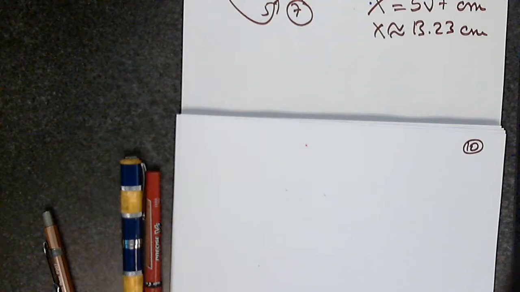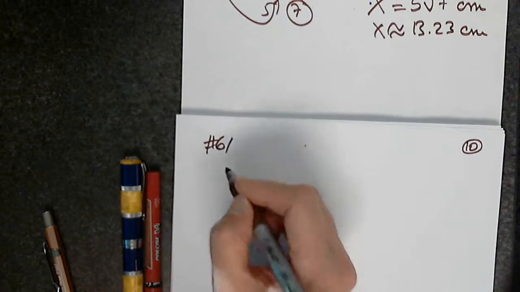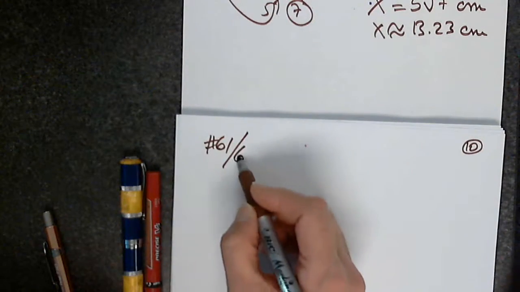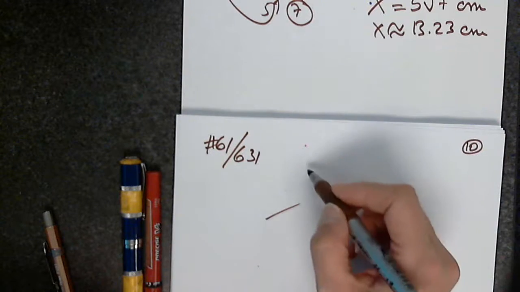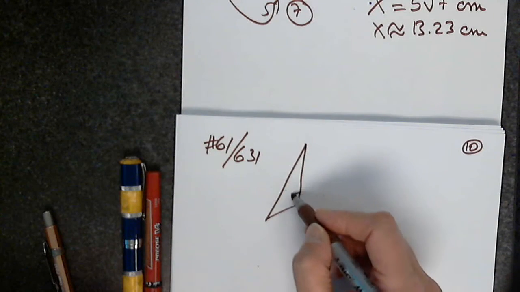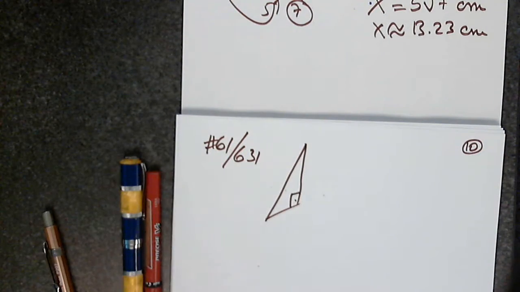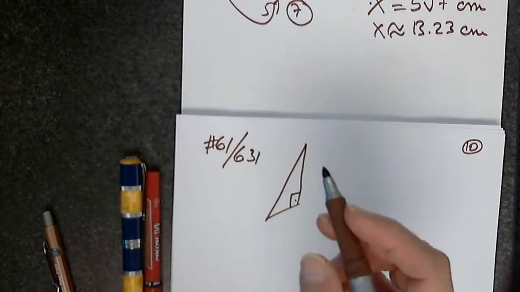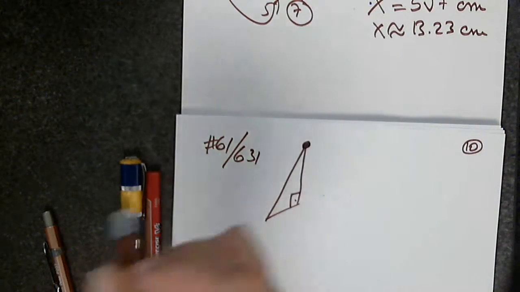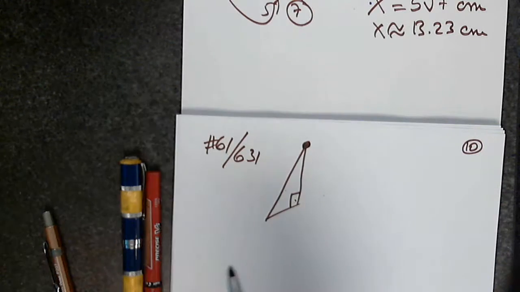Okay, so let's look at number 61, which is a word problem. And we have this situation. It says a spotlight is mounted on the eaves of a house, right here, that is 12 feet above ground.